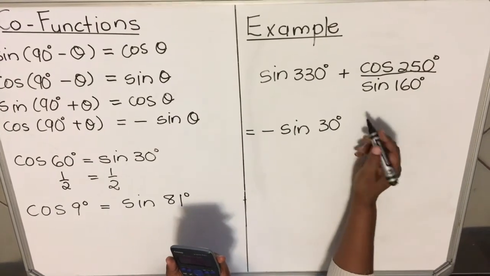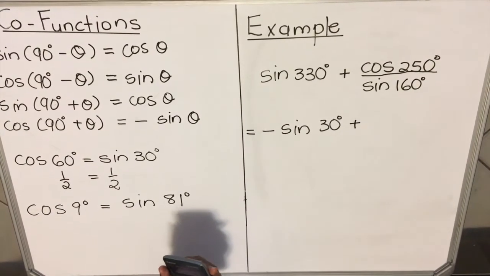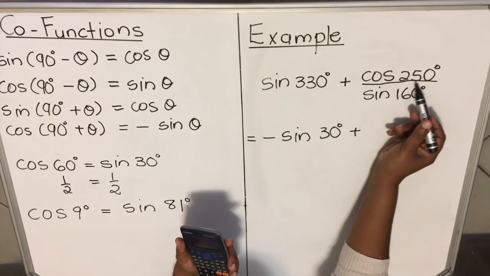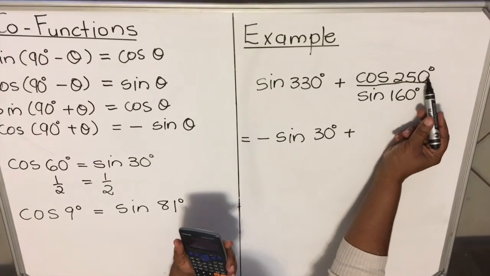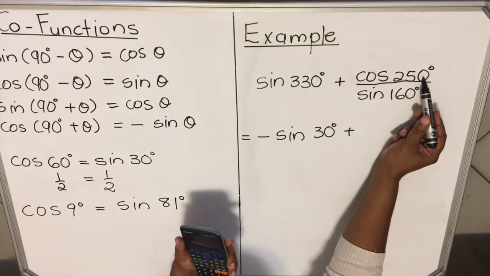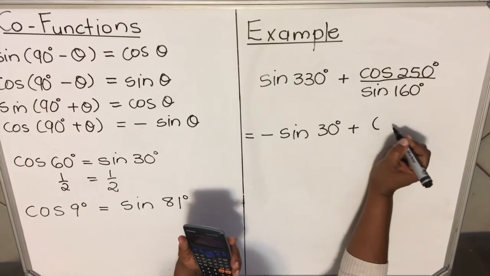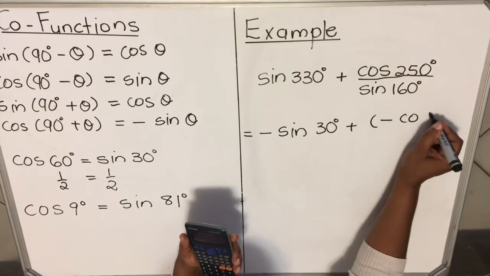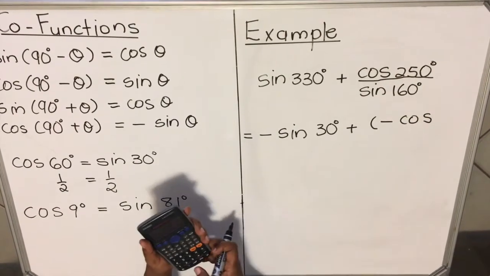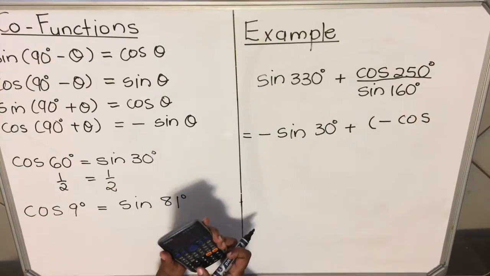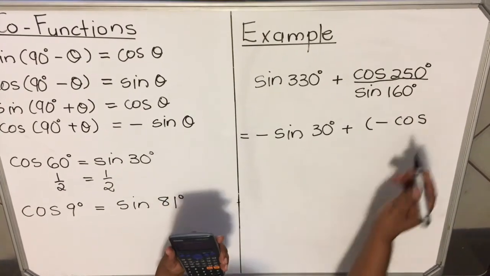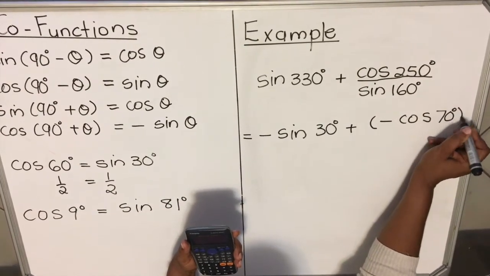Now we're going to reduce these two. Cos 250. 250 is in which quadrant? Third quadrant. How is cos in the third quadrant? Negative. So I'm going to have a bracket, negative cos. Then I go 250 minus 180. Then it gives me 70 degrees.